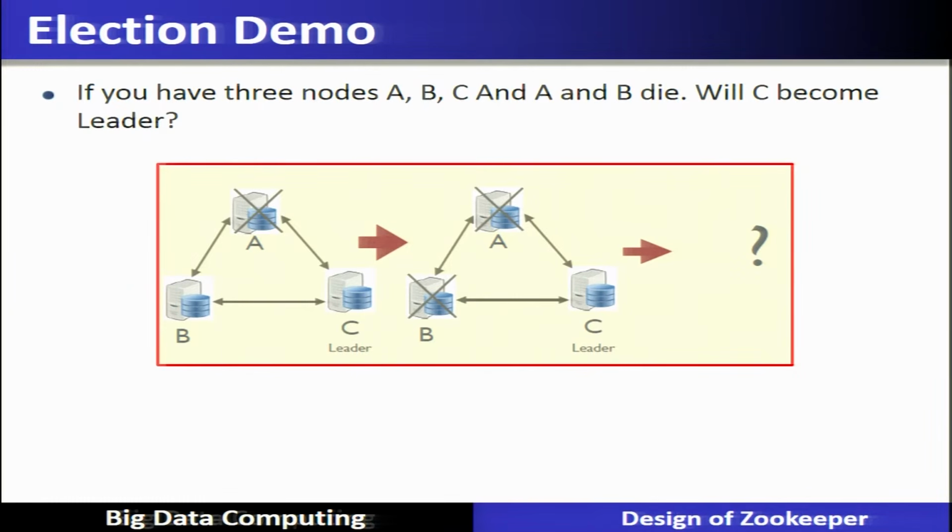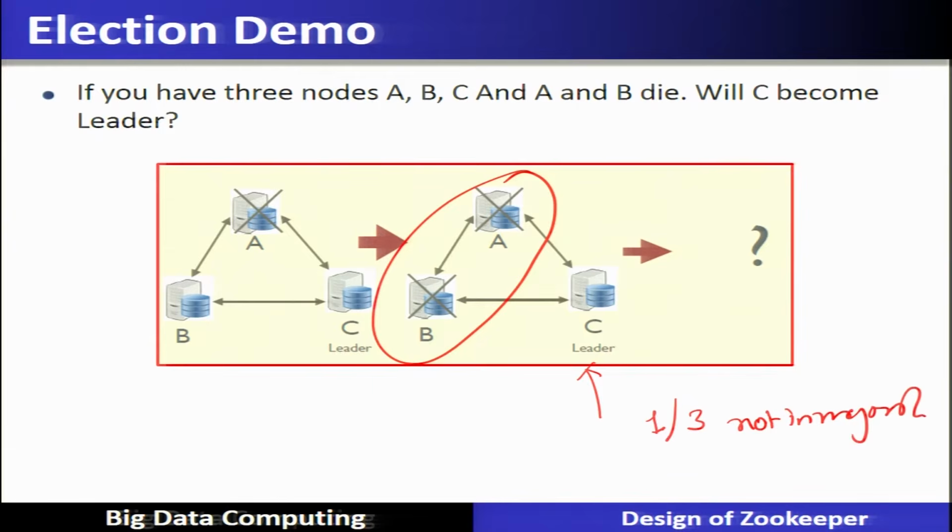Now, what if two nodes fail? It is not only one, but two nodes that have failed. So, the remaining one is node number 1 out of 3. 1 out of 3 is not a majority. Therefore, if you have 3 nodes and 2 of them die, will C become the leader?